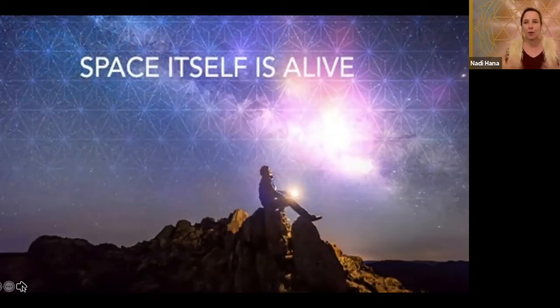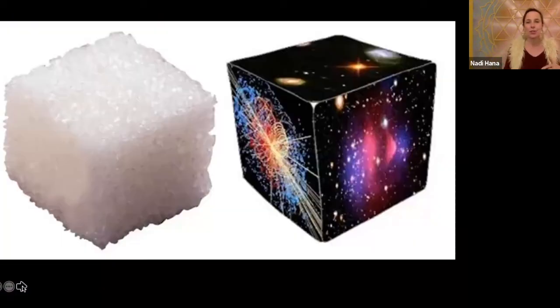So, what we've come to understand is that space is alive. We didn't think there was any kind of geometric structure or quantifiable elements to space. But it turns out that information was likely kept from us as well. And that if you were to compact all of the energy in our entire universe into something the size of a sugar cube, right?